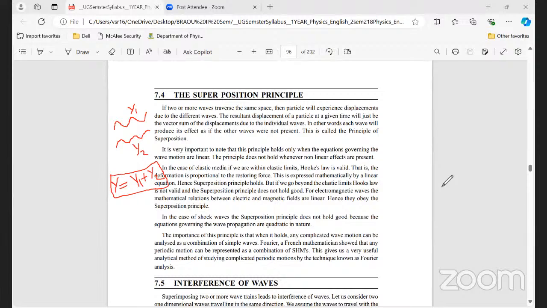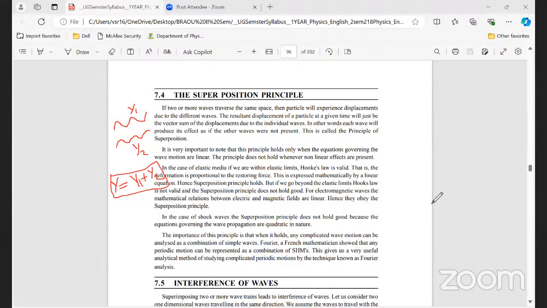If you want to calculate the total displacement of the waves, we analyze the combination of these simple waves. Now Fourier, a French mathematician, showed that periodic motion, and I already told you what periodic motion means.